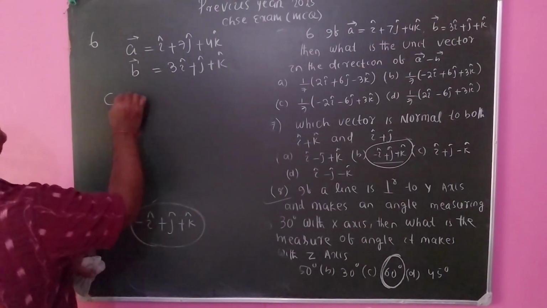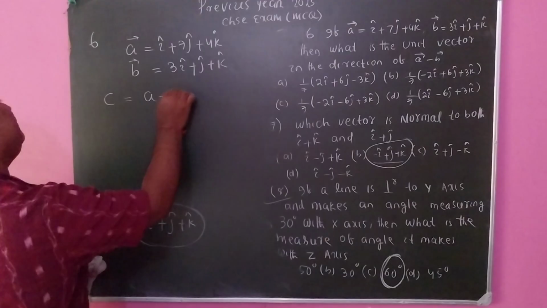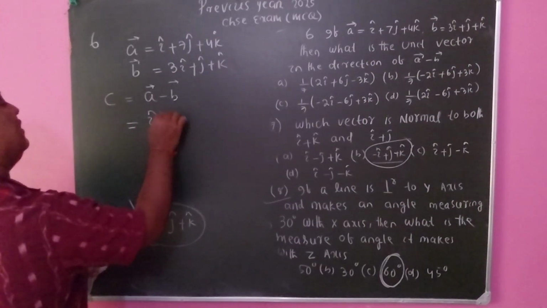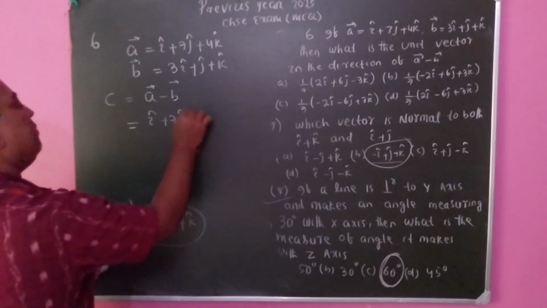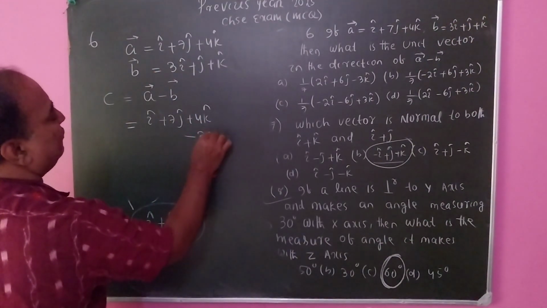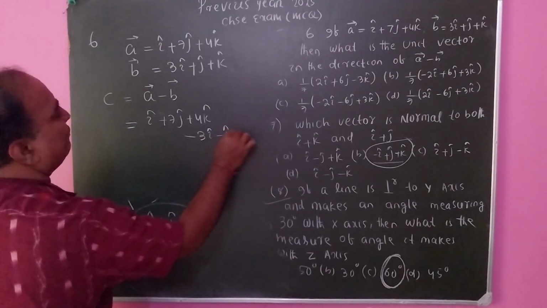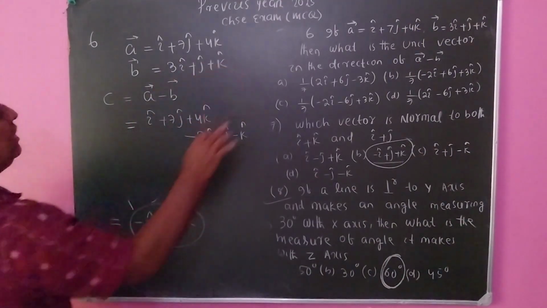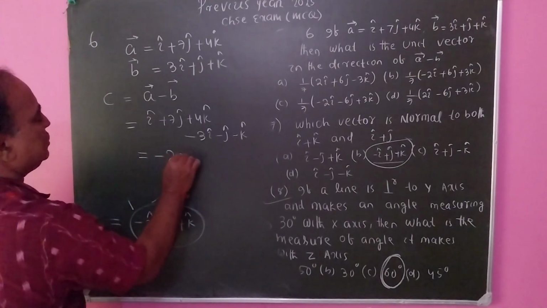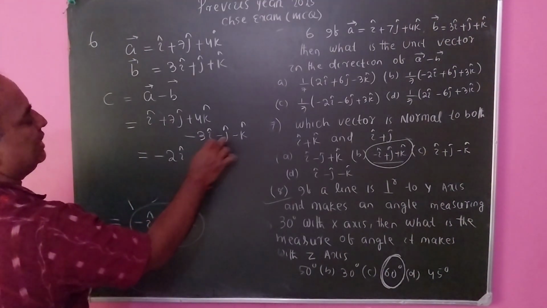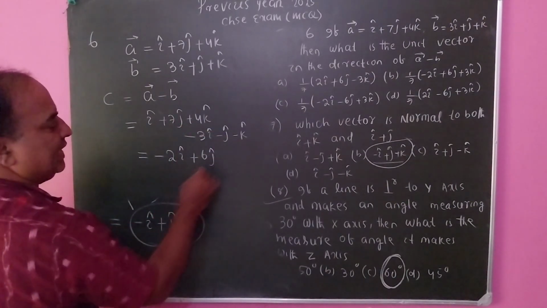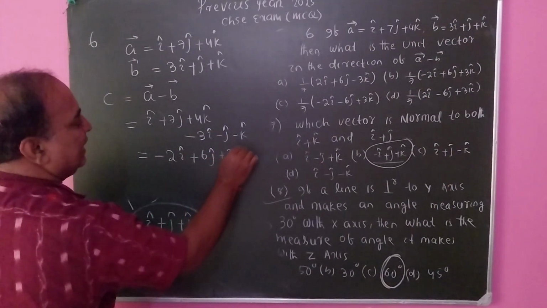Let us see. A minus B, A vector minus B vector: i cap plus 7j cap plus 4k cap minus 3i cap minus j cap minus k cap. Because minus is there: i cap minus 3i cap is minus 2i cap, 7j cap minus j cap is 6j cap, 4k cap minus k cap is 3k cap.